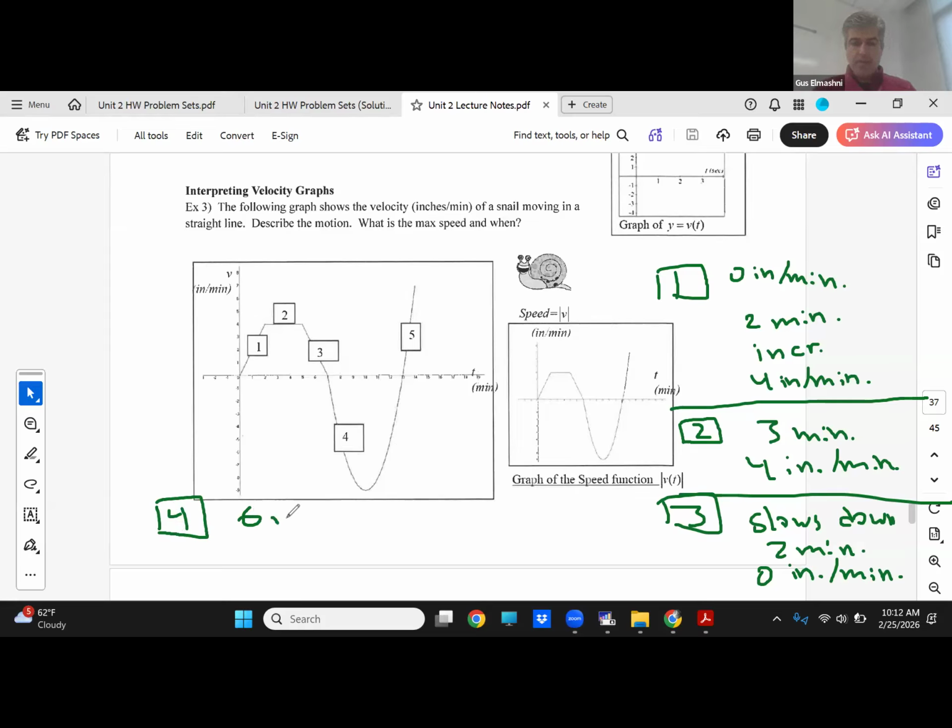So for 6 minutes, steadily speeding up to a speed of 9 inches per minute, and then slowing down to a speed of 0 when you get to 13.